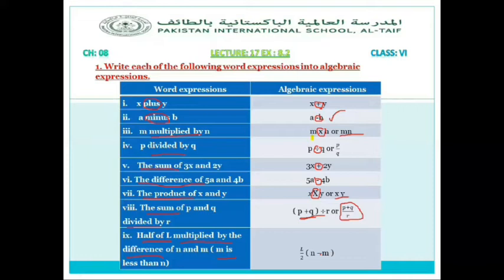M is less than n means n minus m. Dear students, this is the explanation. I hope we have converted word expressions into algebraic expressions, and I hope that you will understand.